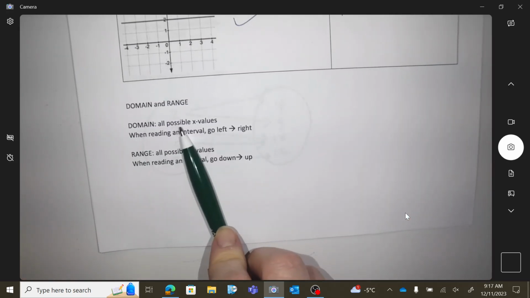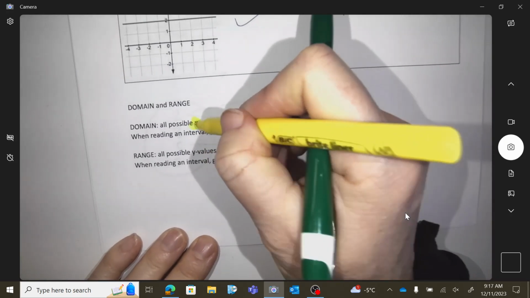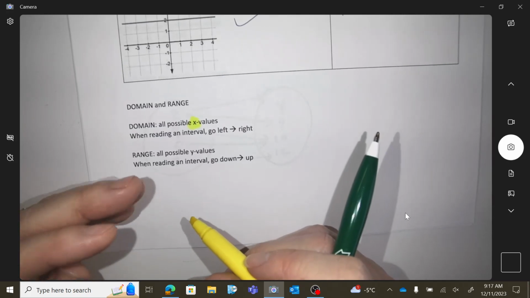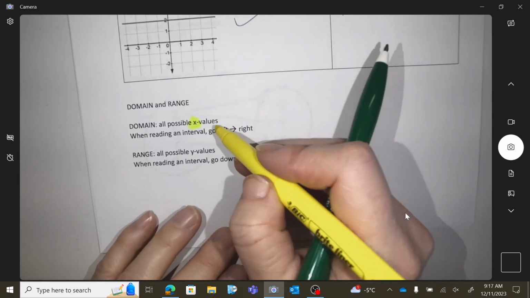Okay, so domain is all x values. And think about reading a book. X moves left to right.